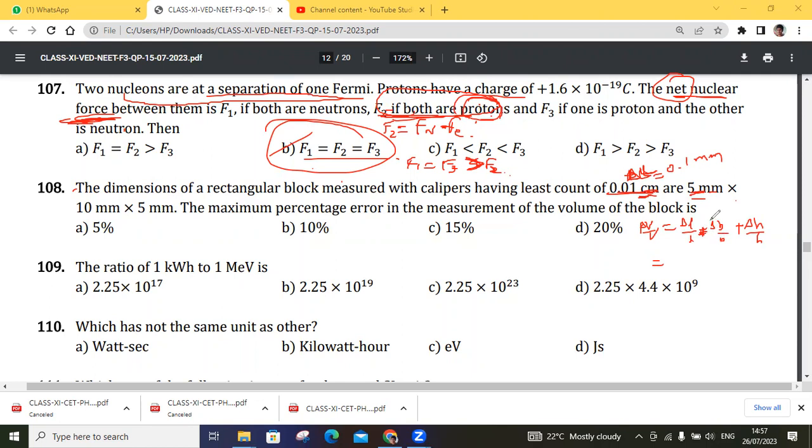So the percentage error: 0.1 into 100 is 10 in every numerator. So 10 by 5 is 2, 10 by 10 is 1, and 10 by 5 is again 2. 2 plus 2 is 4, 4 plus 1 is 5.